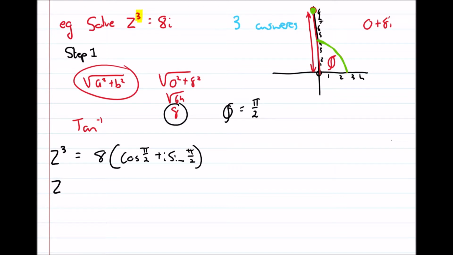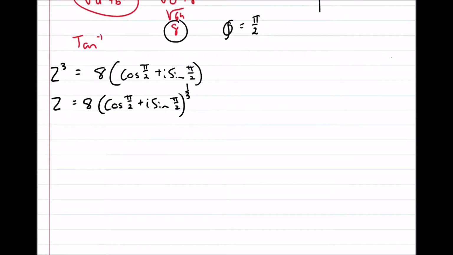With that in mind, then I can say z equals 8 cos pi over 2 plus i sine pi over 2, all to the power of 1/3.